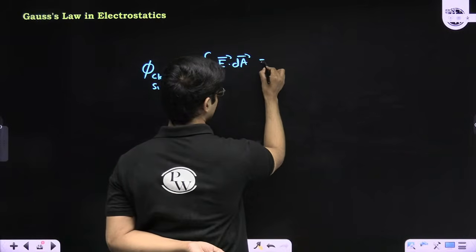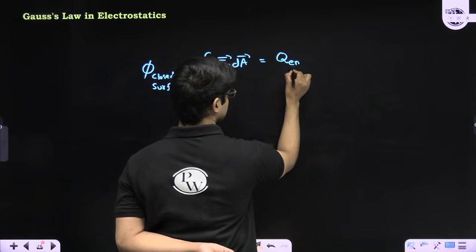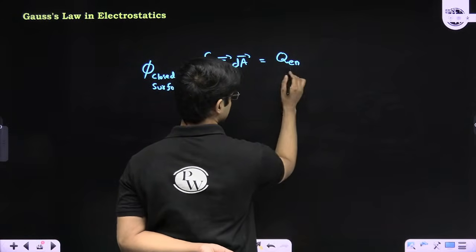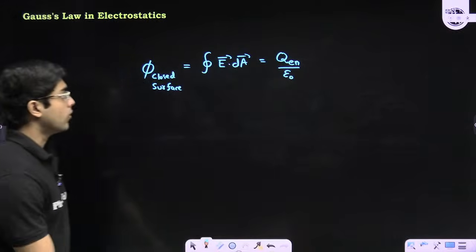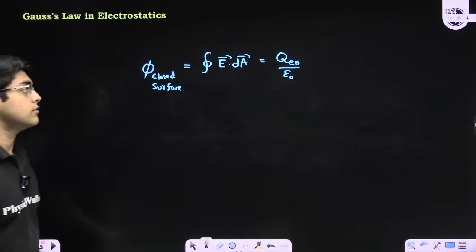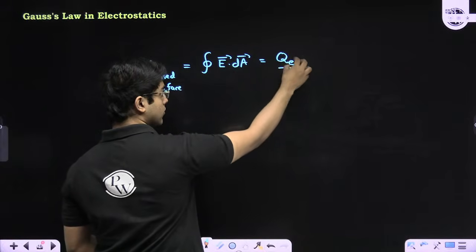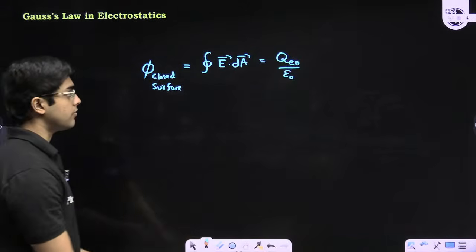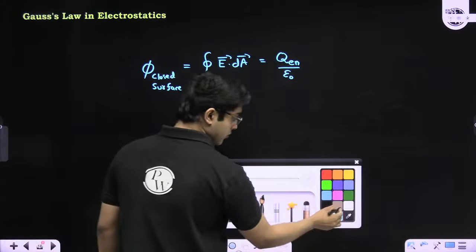This is actually equal to the net charge enclosed within the Gaussian or within this closed surface divided by epsilon naught. So basically if you have any closed surface, the total flux through that surface is given by the magnitude of the charge enclosed within that surface divided by epsilon naught. Okay, so that is it.